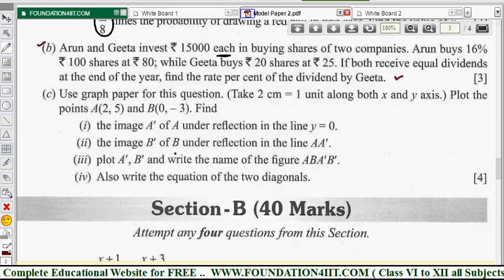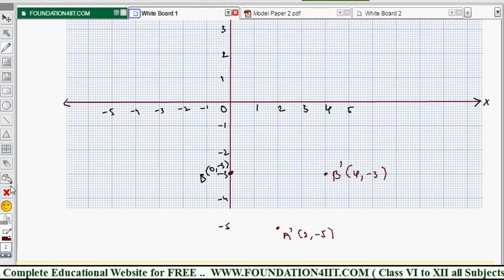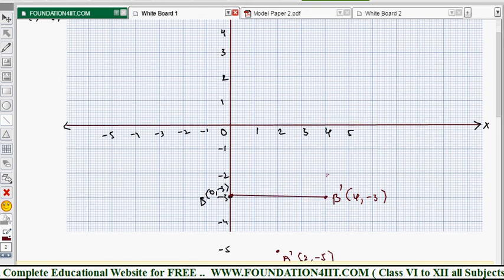And just join this, plot A dash and B dash, and write the name of the figure, and write also equation of the two diagonals. And then let's just join this. This BB dash is one diagonal and AA dash.